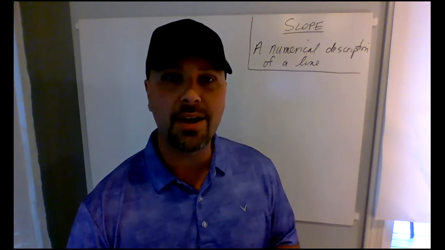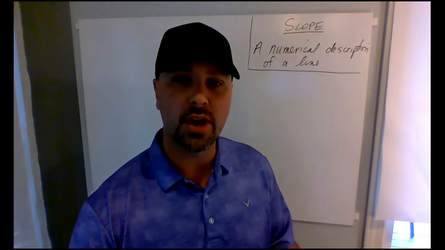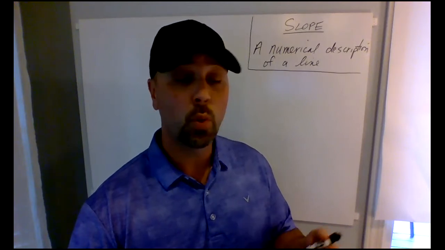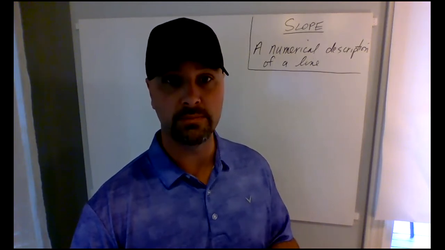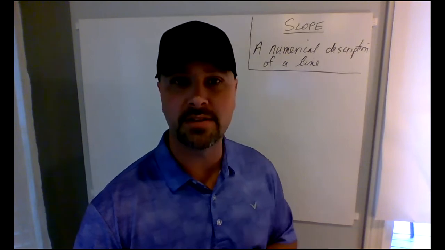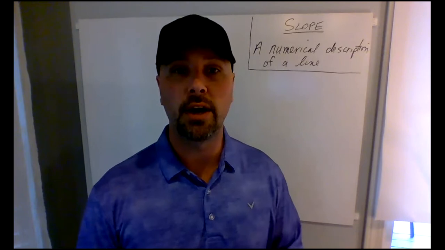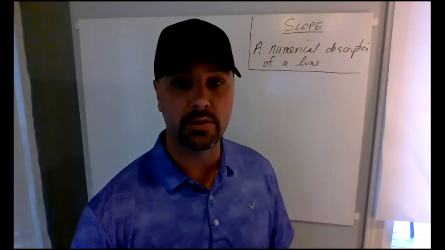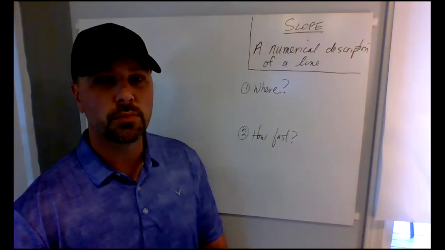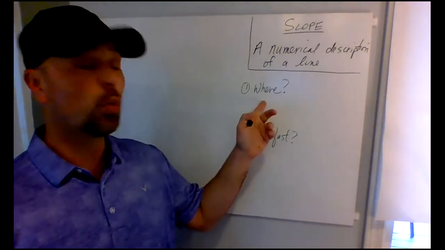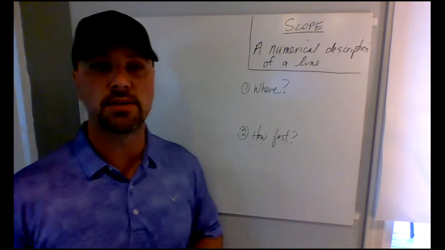How could we use a number to describe a line? Well, basically, we're going to use a number to describe where the line is going and how fast it is going there. That's basically the two characteristics of slope. So I'll go ahead and write that down. Again, slope describes where a line is going and how fast it's going there.